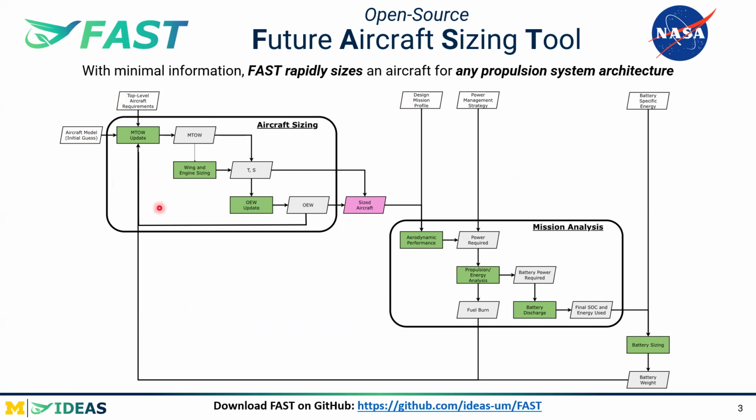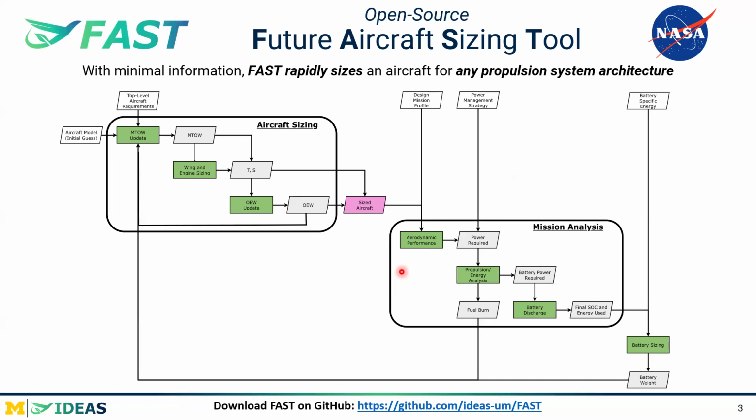In the aircraft sizing portion, we are mainly focused on sizing the wings and engine to determine an operational empty weight for the aircraft. And then in the mission analysis, we will fly the design mission profile that the user provides to figure out how much fuel or battery or any other energy source that the aircraft needs to carry.